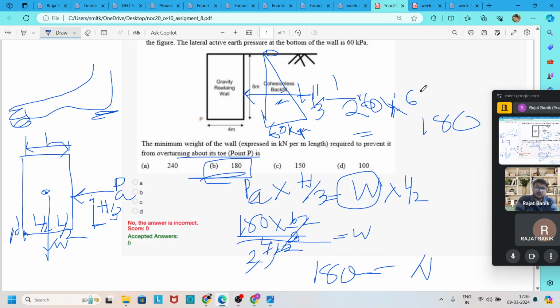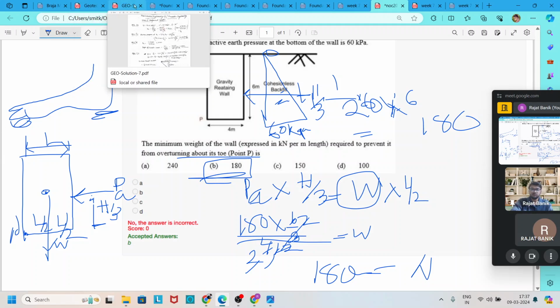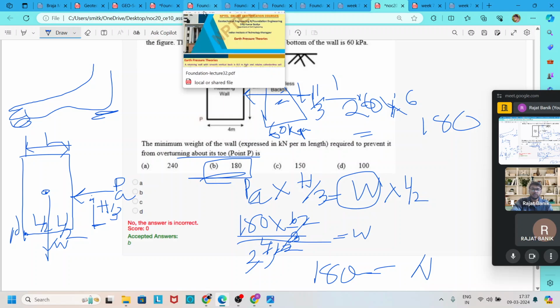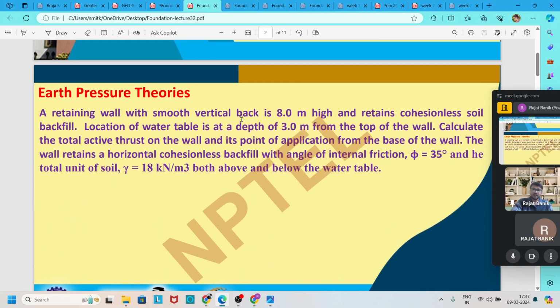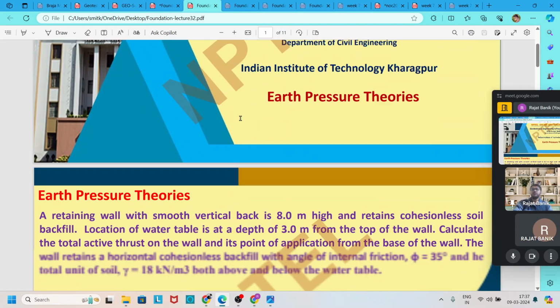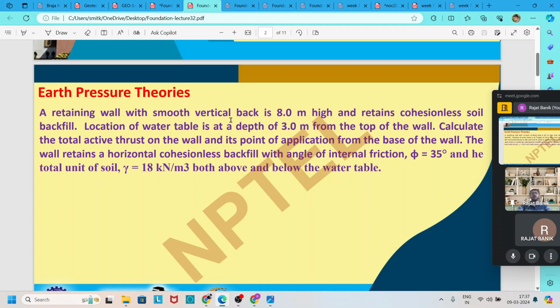If not, I will share the solutions of these class problems. You can go through them. So, going to the class problems. Now you again go to the class problems.